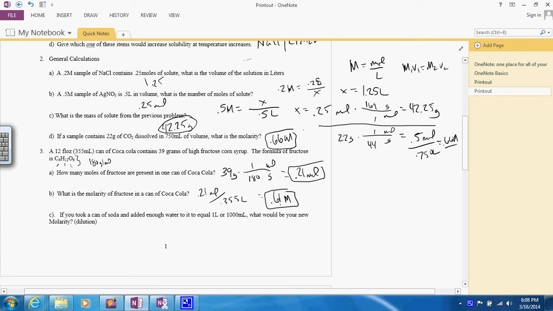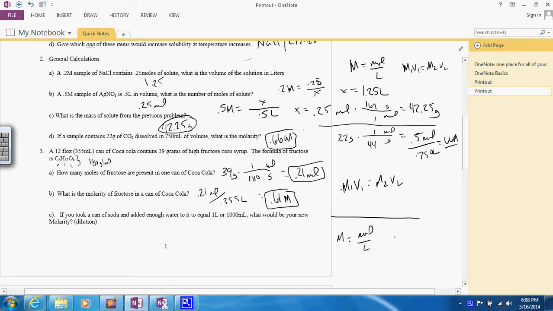And if you took a soda can and added enough water to make 1 liter, so we're going to dilute it, what would be the new molarity? So M1V1 equals M2V2. Now, of course, we know the moles. We could either use the dilution formula like this, or I simply could use the molarity formula.